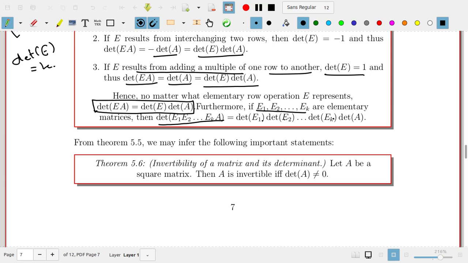So that's what this theorem says. This is what you would call an equivalence relationship.